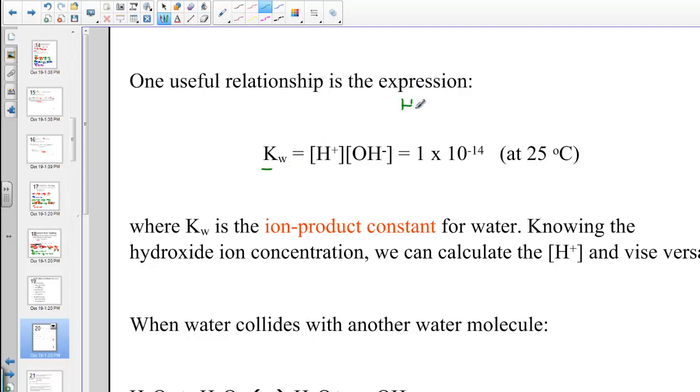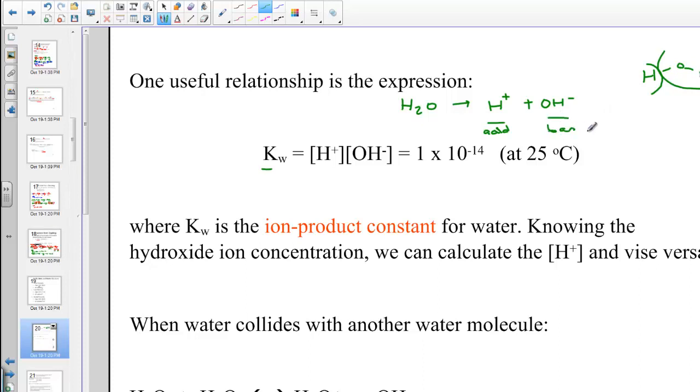When water self-ionizes, and again, just thinking about water breaking apart into its ions, we get H plus and OH negative. The ionization of water. If I take a water molecule and form its ions, we could see the acid ion forming the H plus, and the base ion forming the OH negative.